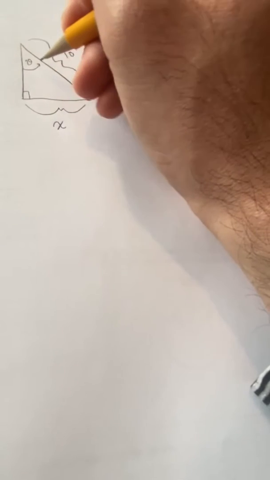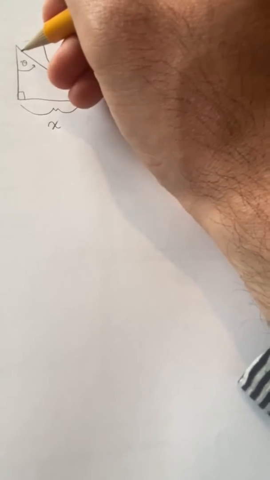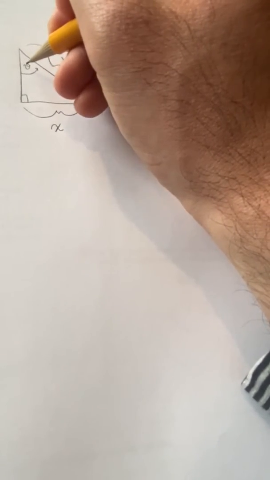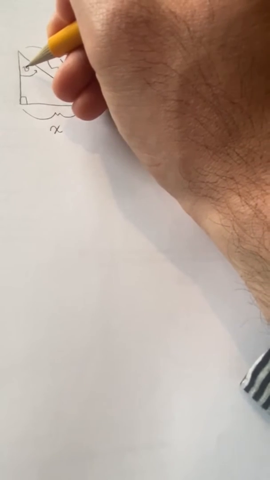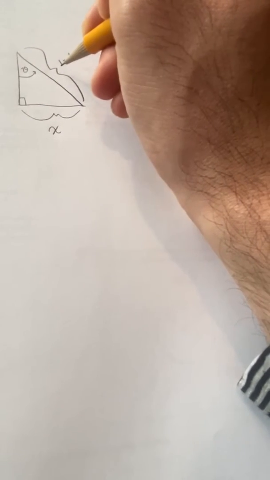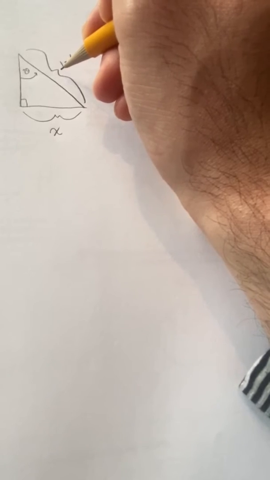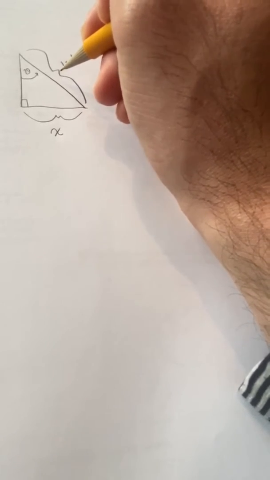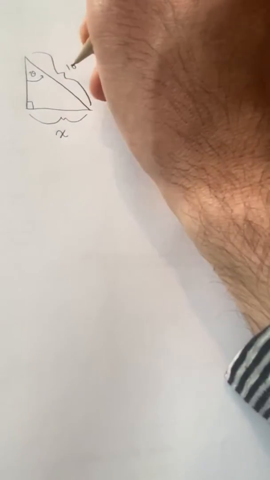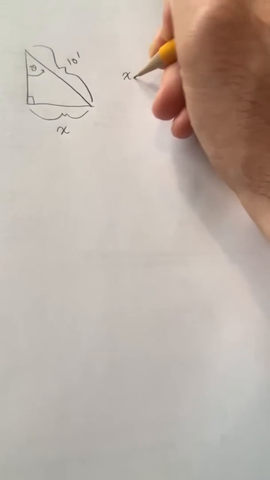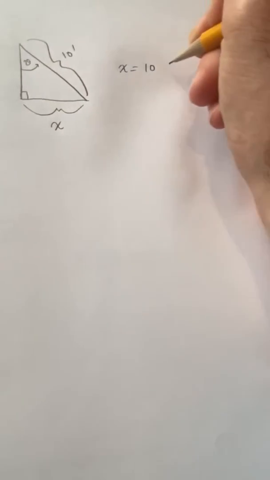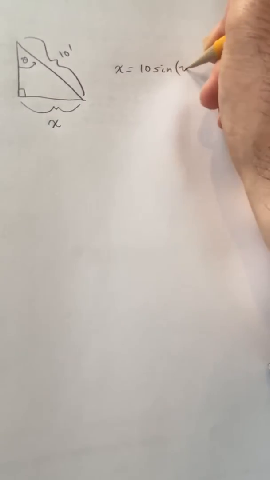So for x, this distance here, we can use right triangle trigonometry. We know that the sine of this angle here is going to be x over 10. And if we want to get x by itself, we just multiply 10 by the sine of theta. So we get that x equals 10 sine theta.